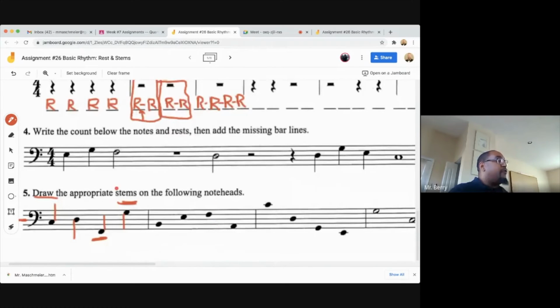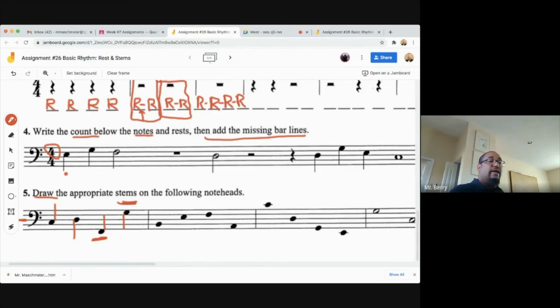In number 4, we're dealing with both notes and rests, so you'll have to recap what you learned yesterday when we discussed quarter notes, half notes, and whole notes. It says write the counts below the notes and rests, then add the missing bar line. Let's do that first. We know we're in 4/4 time, which means we have 4 beats per measure. We start out with notes.